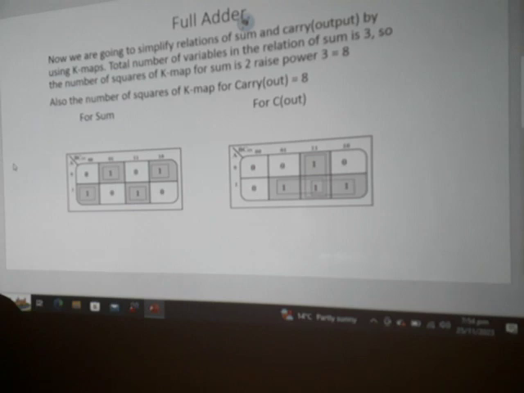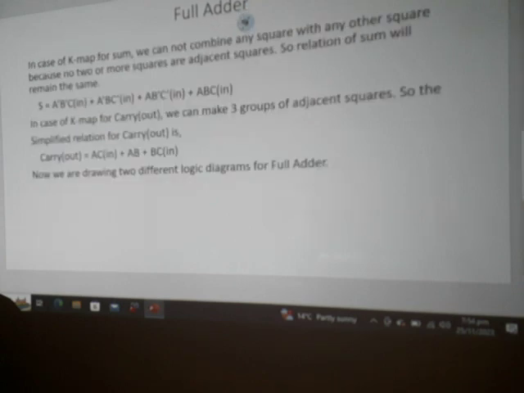So the simplified relation of the carry will be carry out is equal to A carry in plus AB plus B C in.